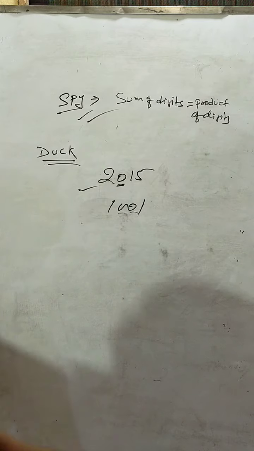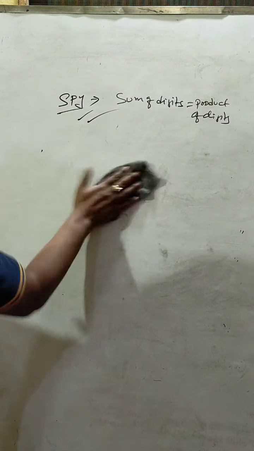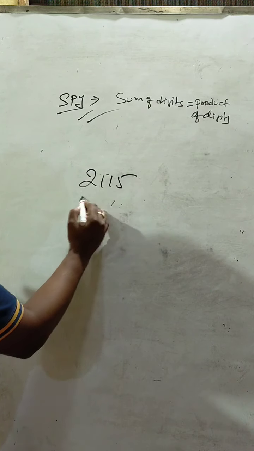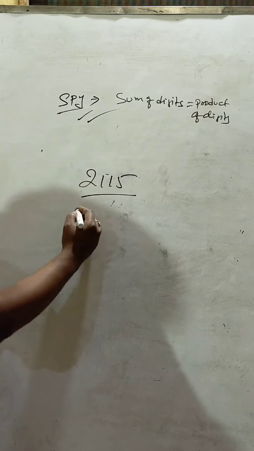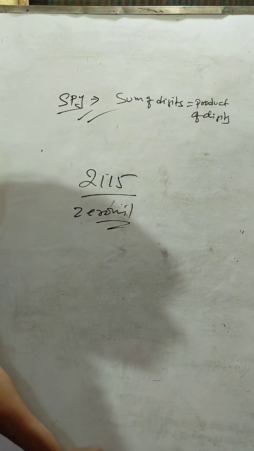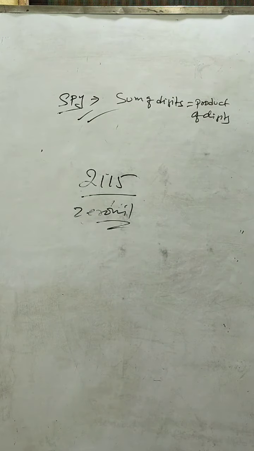If a number does not contain any 0, it is called a zero nil number. Zero nil number means, for example, 2115. There is no 0, so it is a zero nil number.